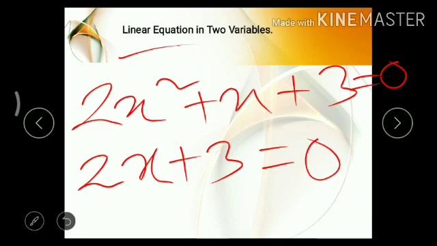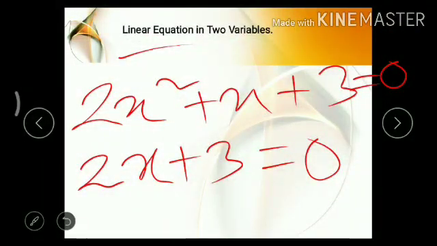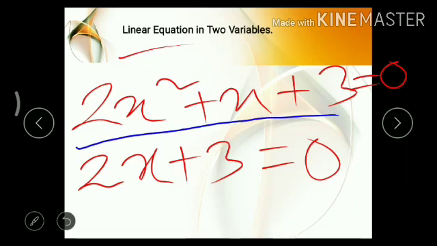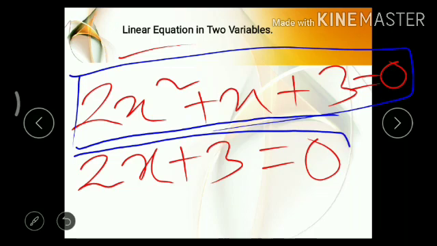Now here you tell me, what is the highest power of the variable? Here it has 2, it has 1, so the highest power of the variable is 2. It means the degree of this equation is 2, and here you can see the degree of this equation is 1. Why?